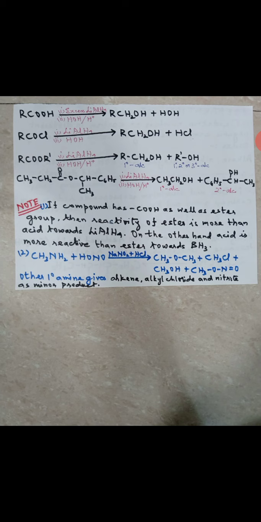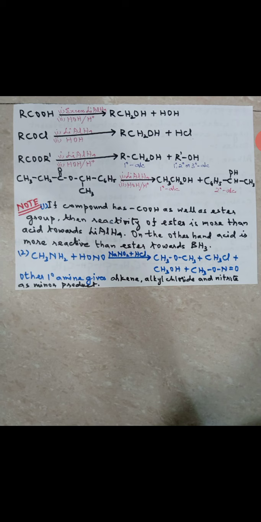So I have given an example here: if you are taking methylamine, mind it, in case of amines, methylamine is the most reactive. You read that in the amines chapter. So you are getting, of course, alcohol, no doubt about it, CH3OH, but apart from that, ether CH3OCH3, CH3Cl, and CH3ONO, that is methyl nitrite, as minor products.